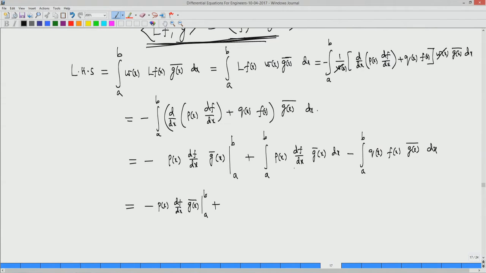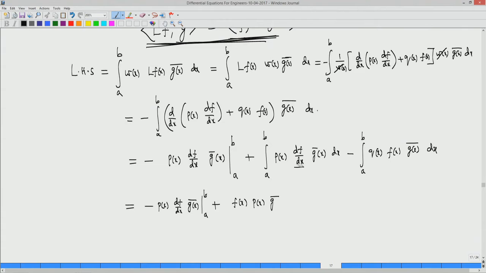Plus one more integration by parts here. The antiderivative of this is one function, and p(x) times g bar of x is another function. You think of p(x) times g bar of x as one function, and df/dx as the other.